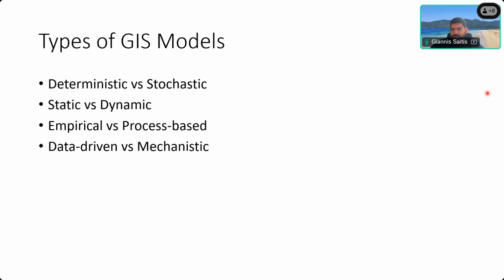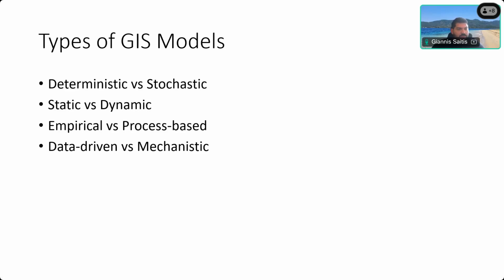So there are several kinds of models. We have the deterministic, and the opposite is the stochastic, the static, excuse me, and the dynamic.